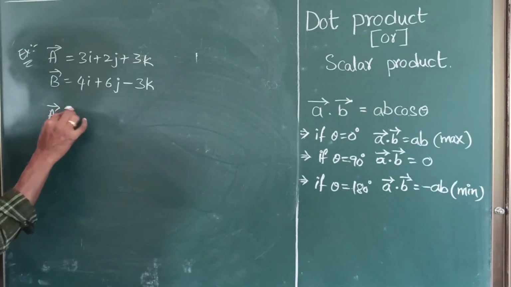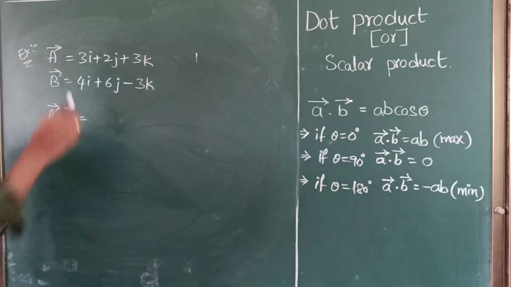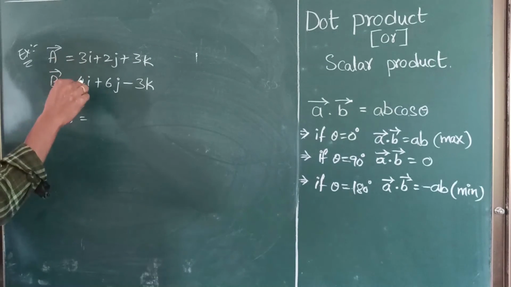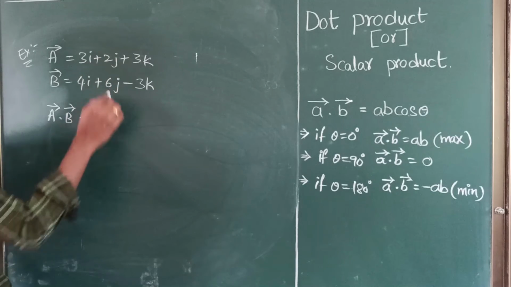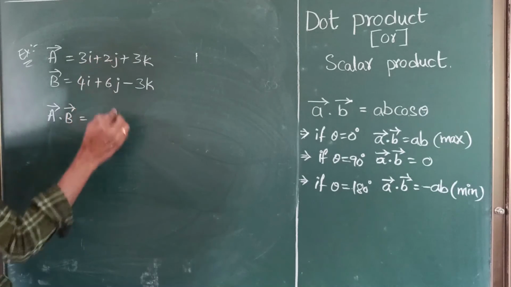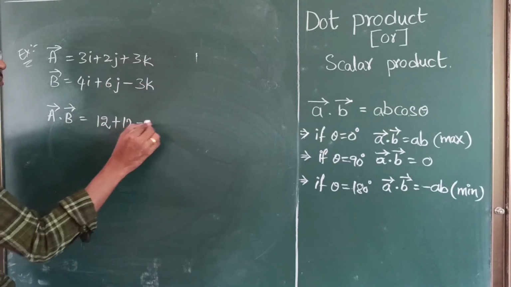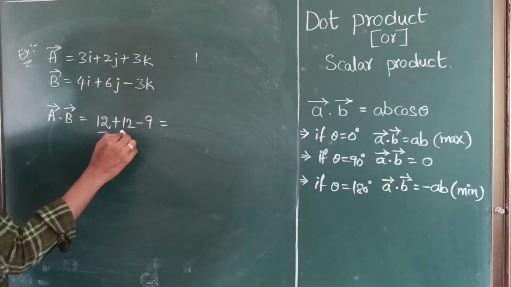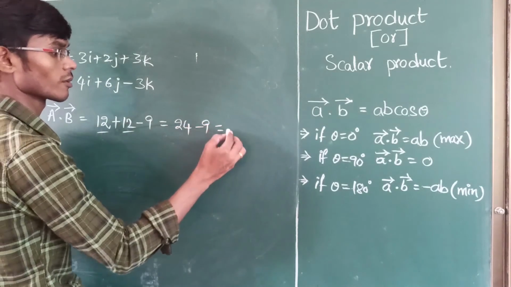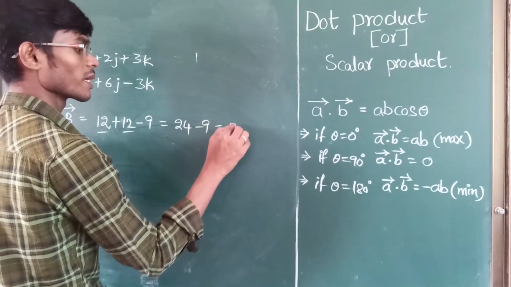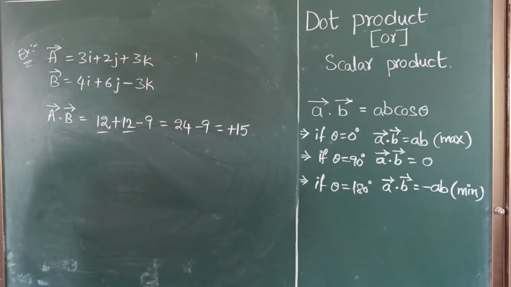A bar dot B bar means multiply the corresponding components. 3 into 4 is 12, 6 into 2 is 12, plus 3 into minus 3 is minus 9. So 12 plus 12 is 24, minus 9 is 15. So that is the dot product of the two vectors.